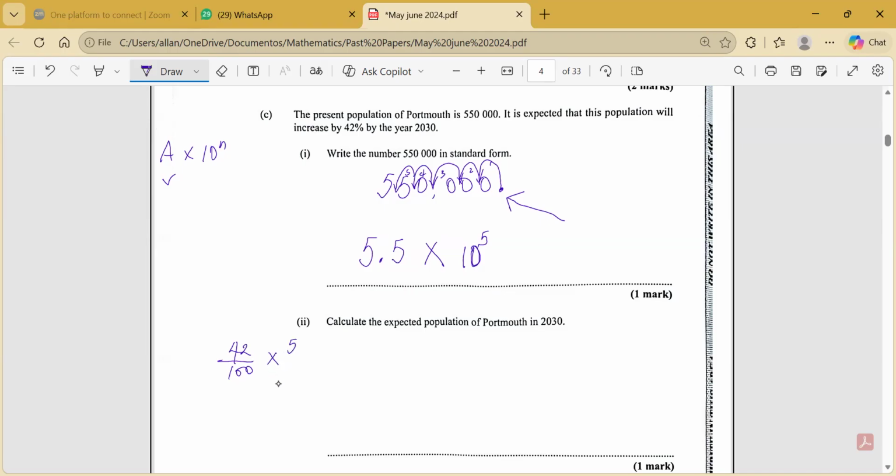Where did you get the 1.42 from? Adding the 0.42 to 1. Correct? Right. Now that's making sense. That will give me 1.42.